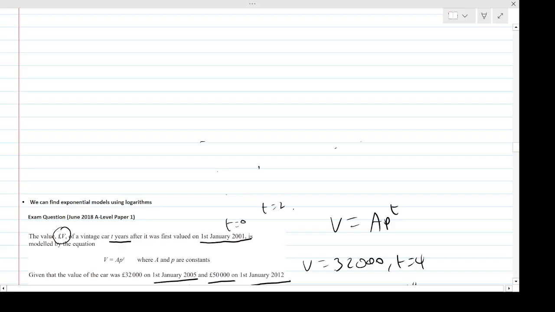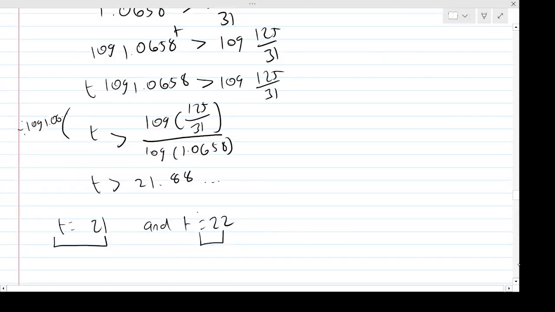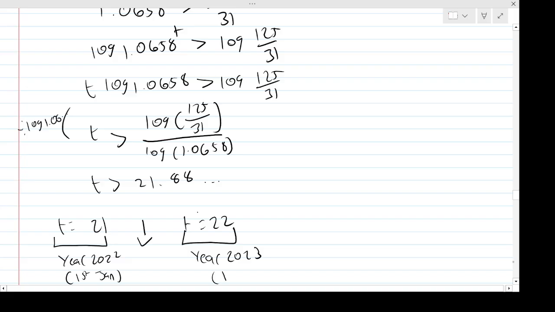When t is 21, that'd be 21 years after, so that'd be the year 2022. And when t is 22, that'd be the year 2023. Now, t being 21.88 means the value is above 100,000 in between 2022 and 2023, in between the 1st of January 2022 and the 1st of January 2023.